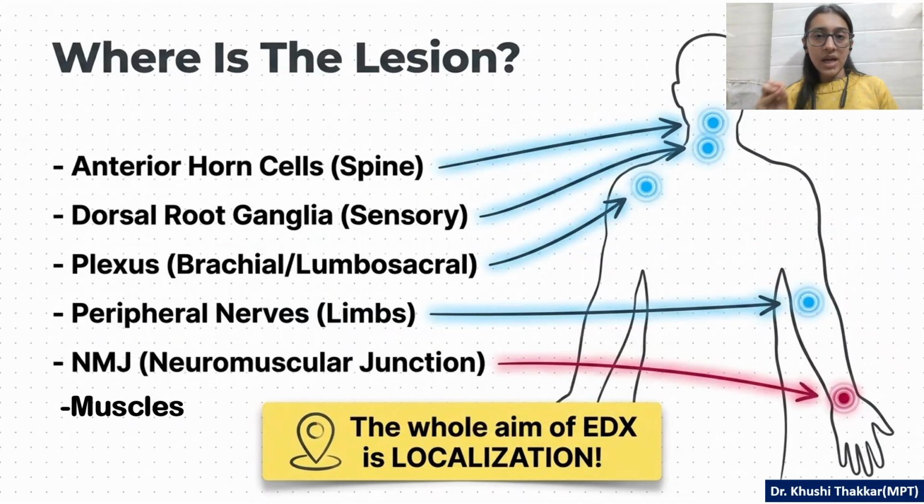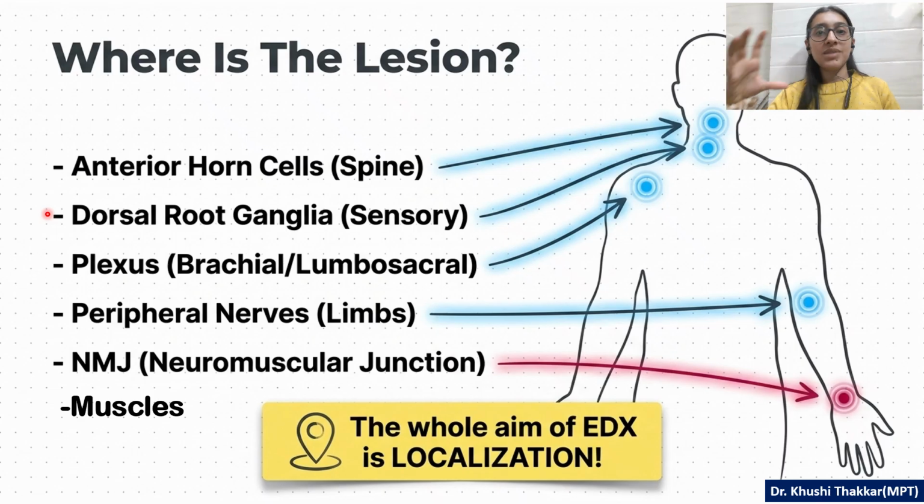Now we know that the whole aim of electrodiagnosis is localization. Localization where? So where is the lesion? It helps us understand that. The lesion can be in the CNS or it can be in the anterior horn cell, which is located in the spine, the motor neuron, or the sensory neuron, that is the dorsal root ganglia.